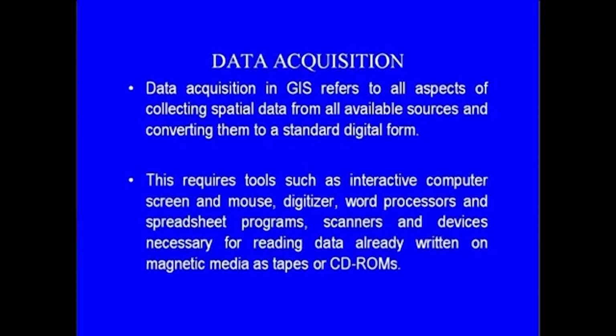Data acquisition in GIS refers to all aspects of collecting spatial data from all available sources and converting them into standard digital form. This requires devices such as an interactive computer, a screen and mouse, digitizer, word processors, spreadsheet programs, scanners and other devices necessary for reading data already written on magnetic media such as tapes or CD-ROMs.